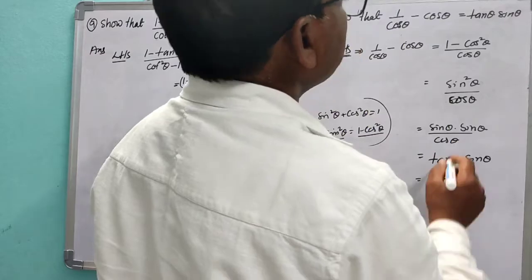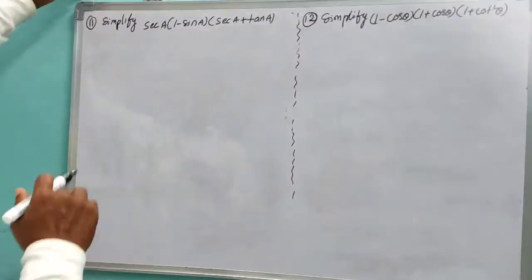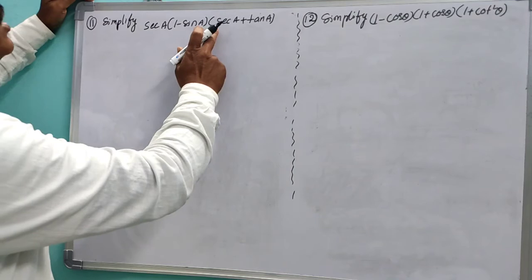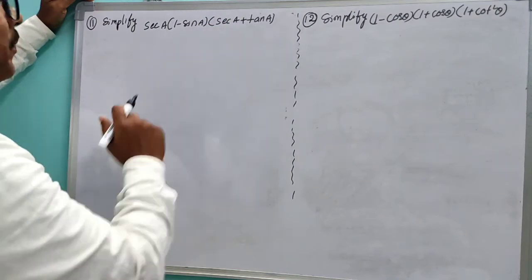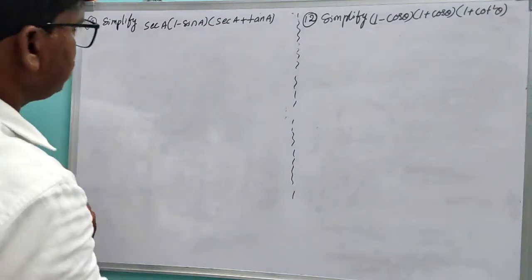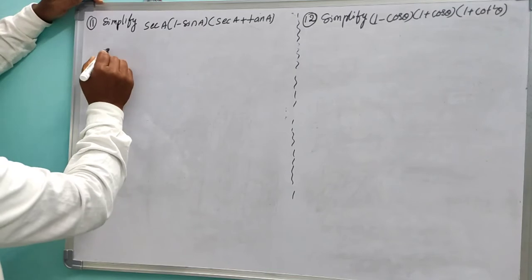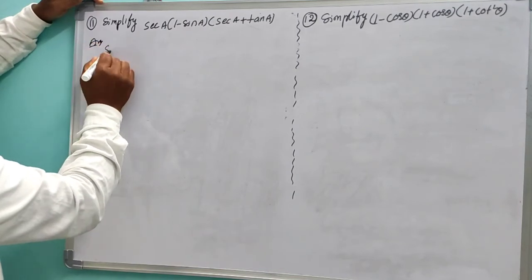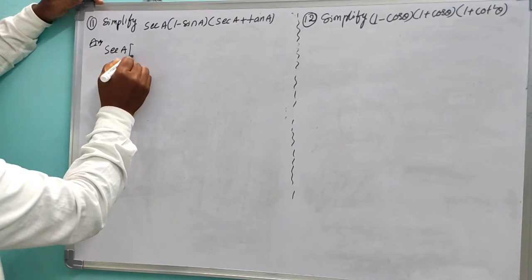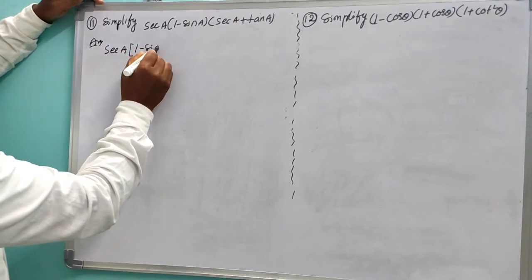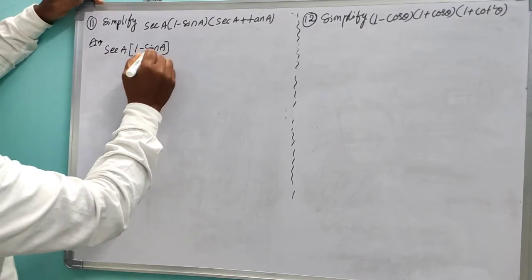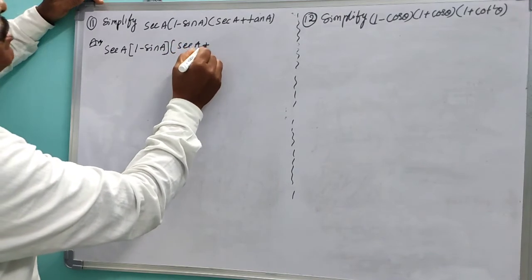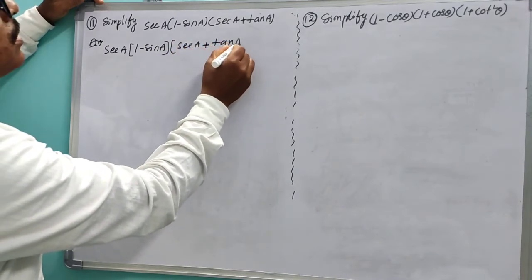Okay, simplify sec A into (1 minus sin A) into (sec A plus tan A). We have to simplify this. Now what we have to do? Sec A into (1 minus sin A) into (sec A plus tan A).